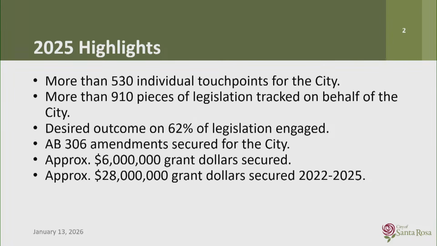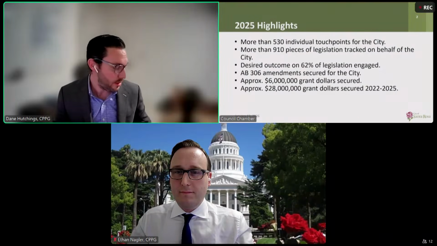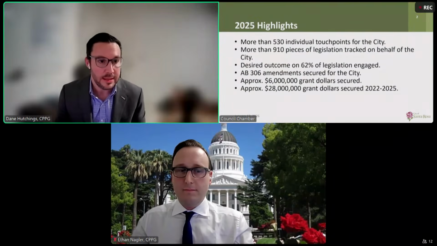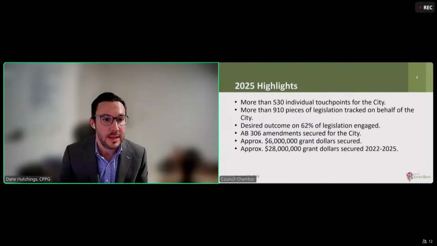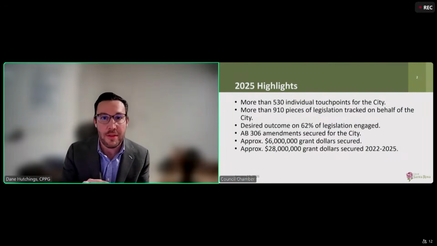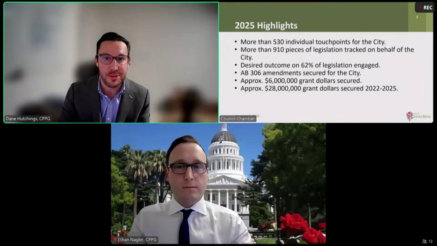Good evening, Mayor and Council. Dane Hutchings with California Public Policy Group. Great to see you this evening. So looking at the 2025 highlights, we engaged or had over 530 touch points, meaning that we were either advocating on your behalf, connecting with your staff, analyzing bills, sort of all of the above.